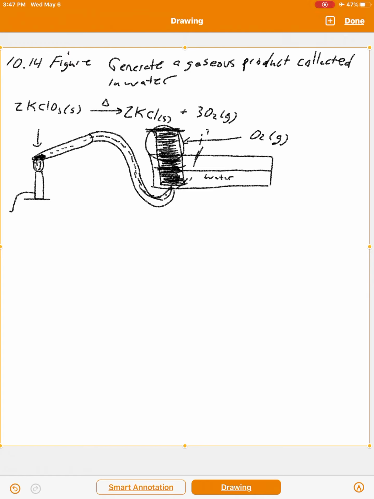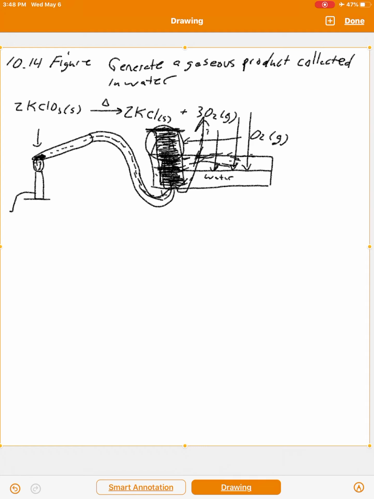Because this is open here, the pressure due to the atmosphere is 1 atmosphere, 1 atm. If the pressure in here is larger than 1 atmosphere, the excess oxygen will just bubble out. So it will stay at 1 atmosphere, the same pressure that we have in here.